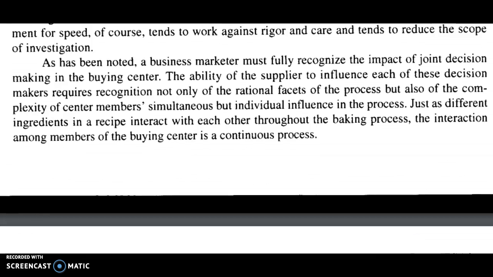As has been noted, a business marketer must fully recognize the impact of joint decision-making in the buying center. The ability of the supplier to influence each of these decision makers requires recognition not only of the rational facets of the process, but also of the complexity of the center members' simultaneous but individual influence in the process.